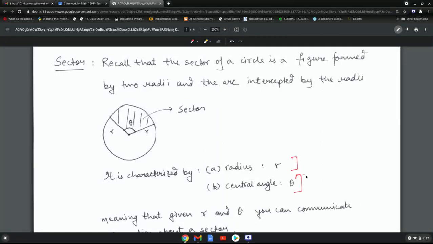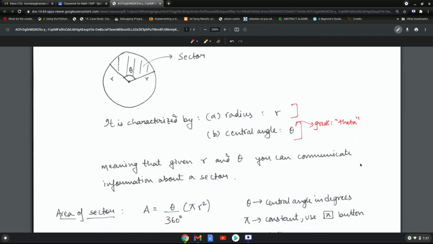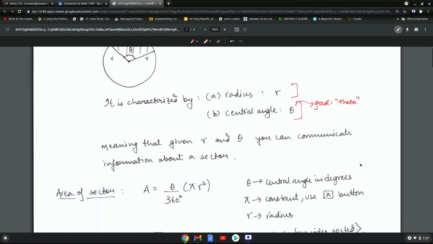This symbol here is a Greek symbol used often in mathematics, written as theta. It's just a convention that we use this as a variable for angles, just as you would use x for an unknown number. So this means that given r and theta, you can communicate information about a sector.